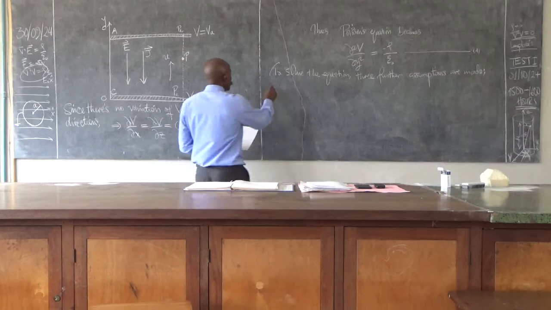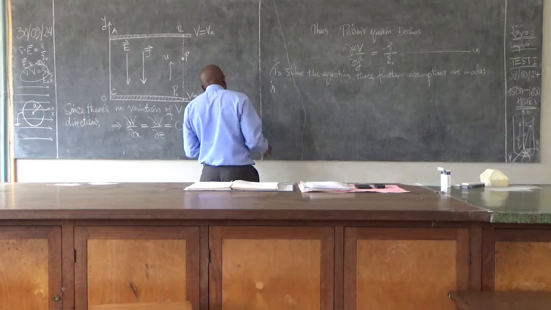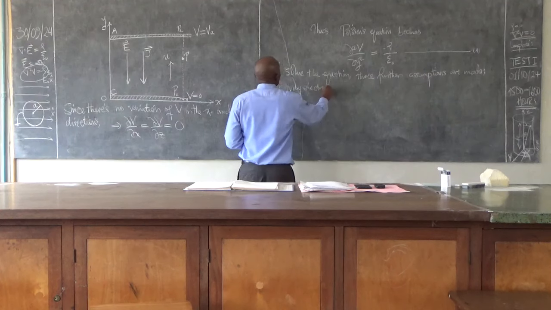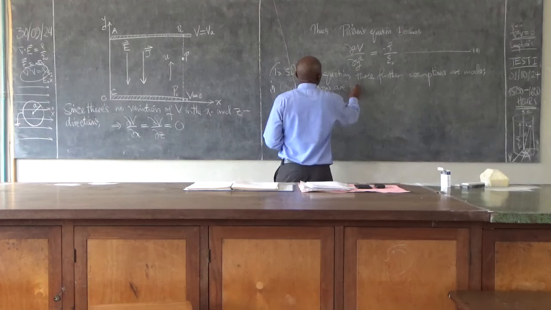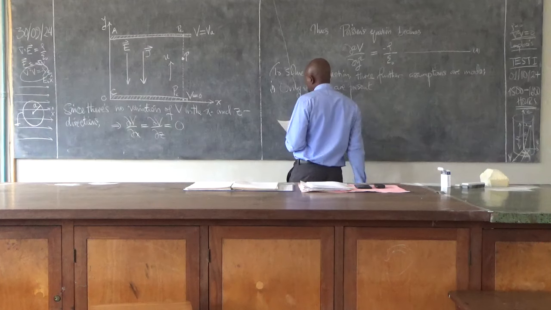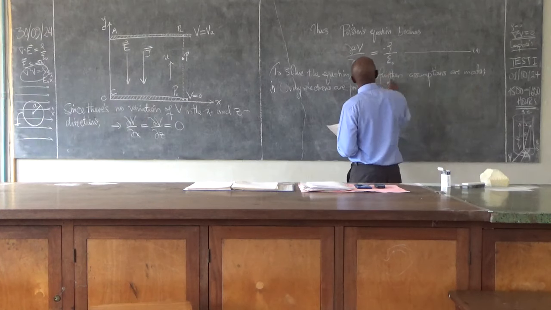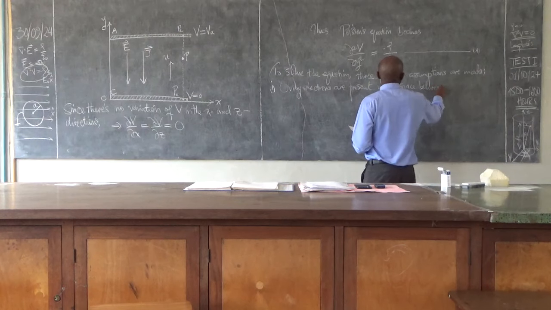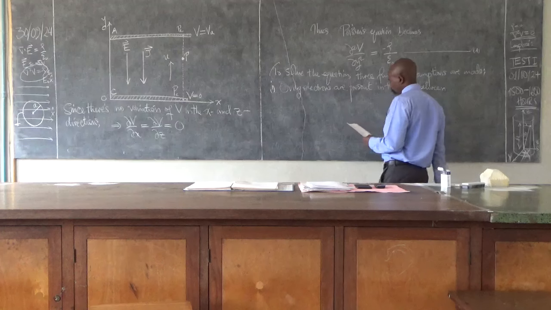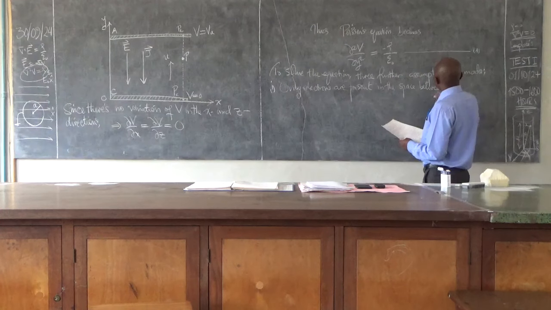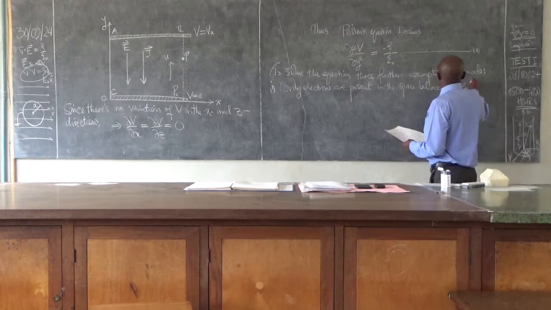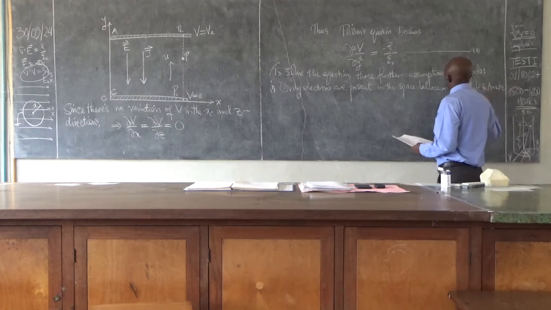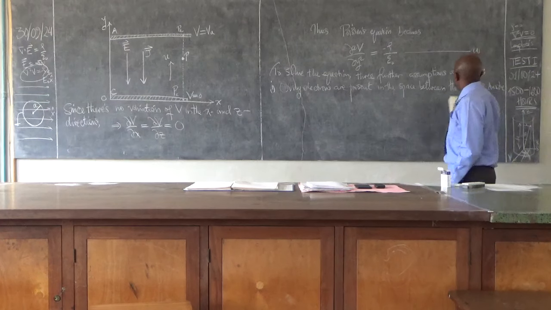So the first further assumption is that only electrons are present in the space between the cathode and the anode.